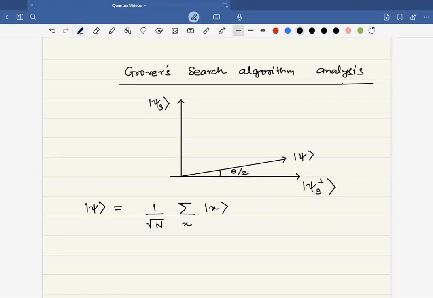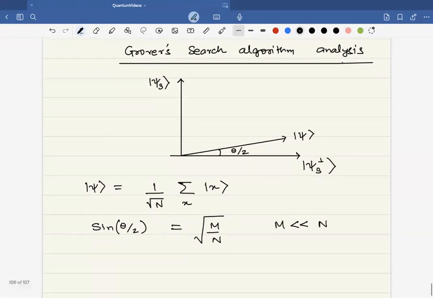And then the angle theta is such that sine of theta over 2 is equal to square root of m over n. And we assume that m is much smaller than n, where m is the number of solutions and n is the number of items in the list. Right.